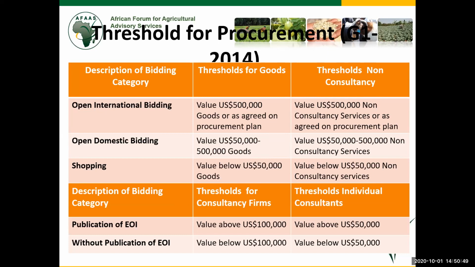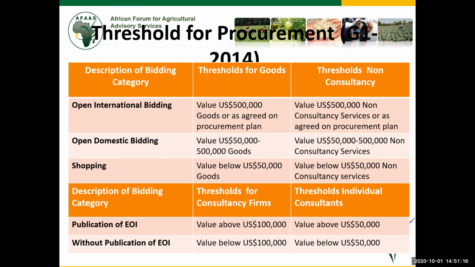And this one is for contracts between $50,000 and $500,000. I have not seen any contract since AFAS started of this much. Maybe it might come once, but most of our procurements are under the shopping method, which is below $50,000.